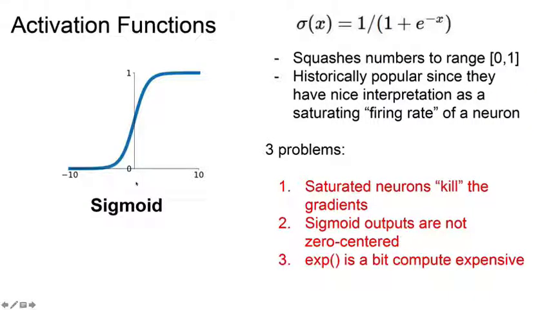Why? Because the slope is sigma of x into 1 minus sigma of x. And what will sigma of x be when you are close to 0? That value will always be close to 0 as well, or it will be very small. So that's why sometimes during back propagation, a sigmoid function will lead to what is called a vanishing gradient. So that's what point number 1 is. They kill the gradients.